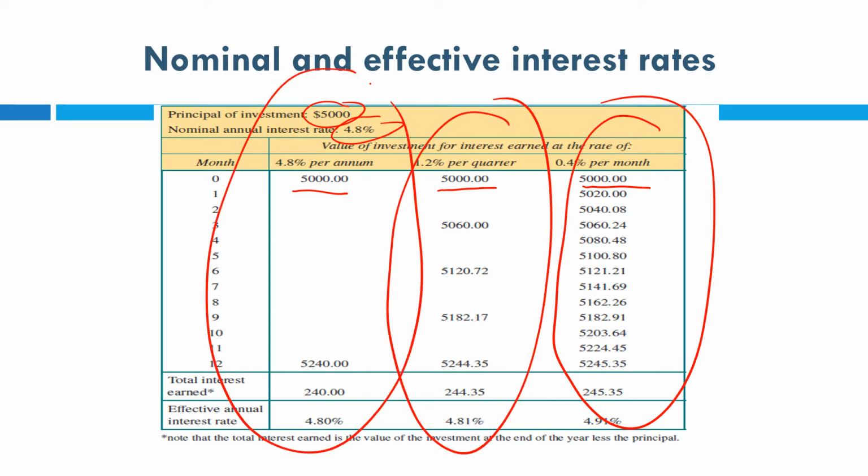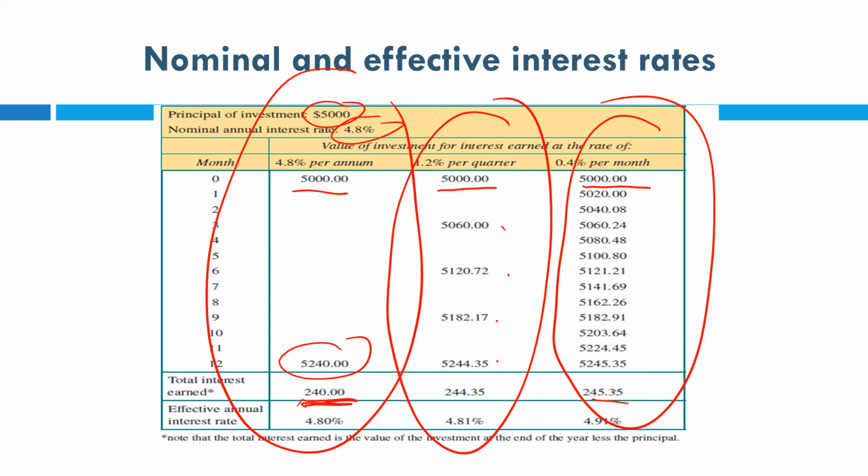If we only looked at it for a year, it's going to grow to that amount. So our interest for that year is 240 if it's only compounded once. If it's compounded per quarter, 4 times a year, we get 244.35. And if we're compounding monthly, there are going to be 12 compounding periods where we're getting paid, and we're going to get that.